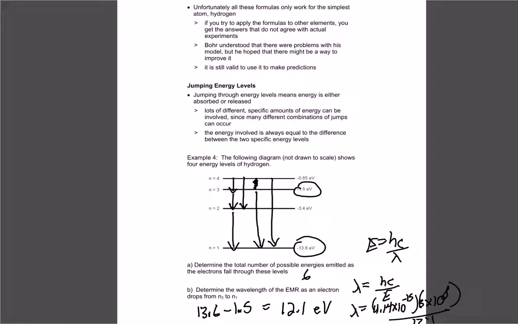And if we do that calculation, we get an answer of 1.02 times 10 to the negative 7 meters, which would be about 100 nanometers, 102 nanometers, which would be beyond violet. If violet's 350, in this case we would say it's likely ultraviolet radiation that would go from 3 to 1.